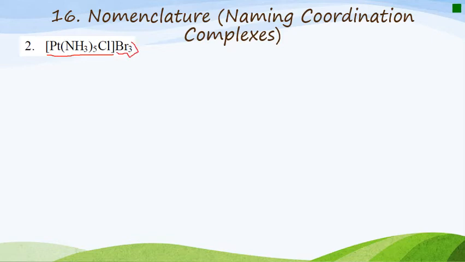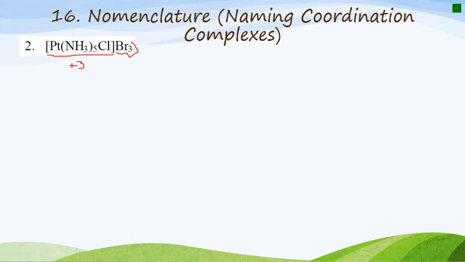Okay, and again, the number of anions outside of the coordination sphere is going to tell you what the charge is of this cation. Bromine, we know bromide has a charge of -1. There are 3 of them. So that means that the charge on this thing is +3. That's the cation. Okay, +3.